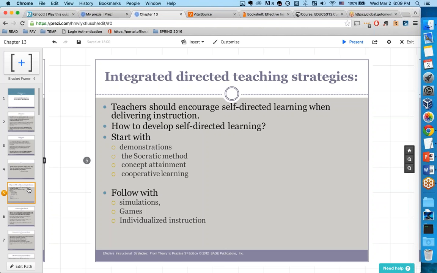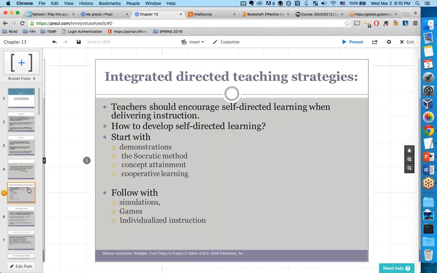Then we may use or implement Socratic method. We may use concept attainment, cooperative learning. These are kind of like in between direct teaching and indirect teaching methods. So they're good to start with, because it's not always easy to implement indirect teaching methods such as discovery learning in the classroom.